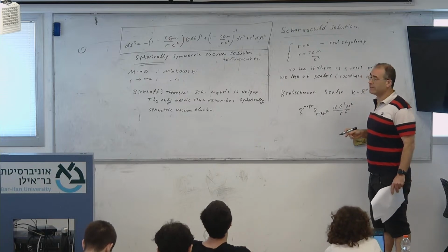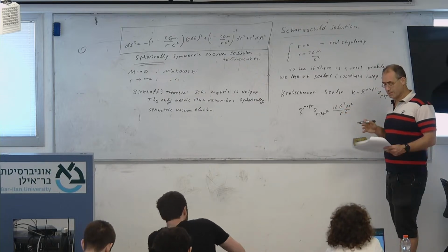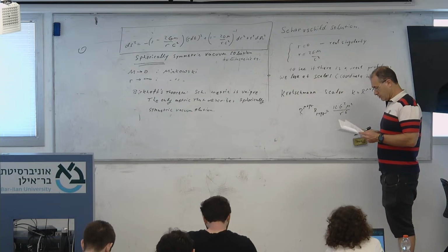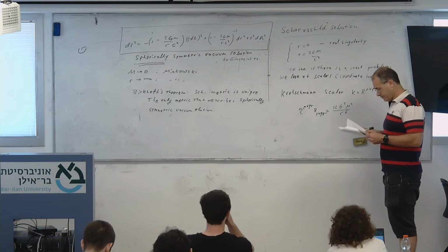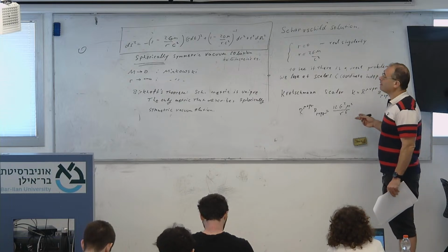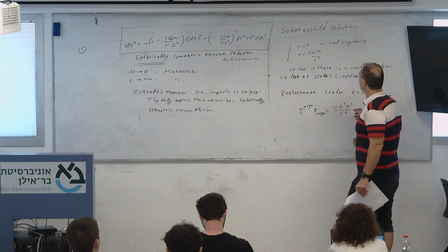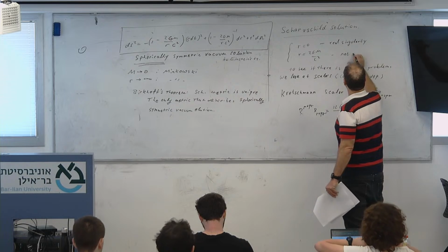At r equal to GM over c squared, really nothing special happens for the coordinates, in a way. So we can transform our coordinates. We can choose another set of coordinates, which I will show you how to do. That's called Kruskal coordinates. So it is not a real singularity.